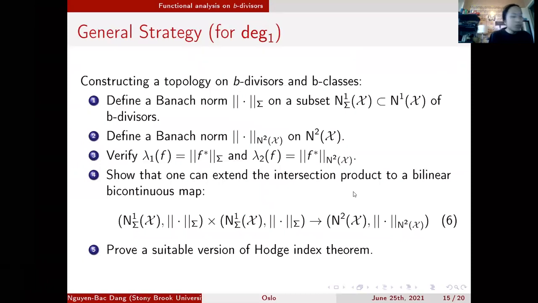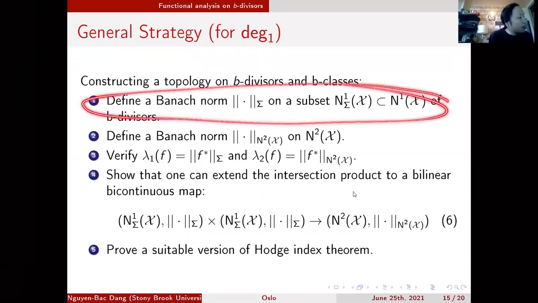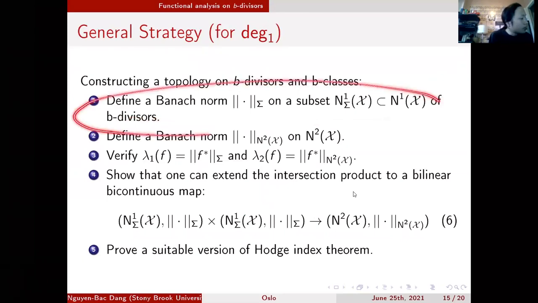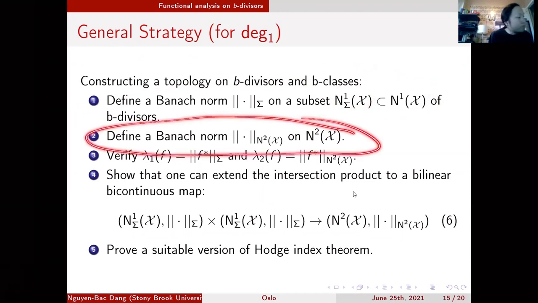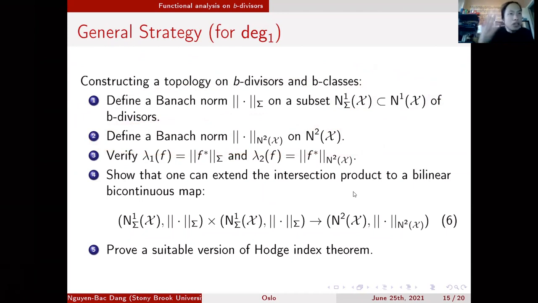So once you have this space of Cartier classes, then you're going to define two norms. So a norm on divisors, and the completion of the space of divisors with respect to this norm will be denoted N1 sigma. Then you will define a norm on codimension 2 classes. So this is a second one, a priori different.